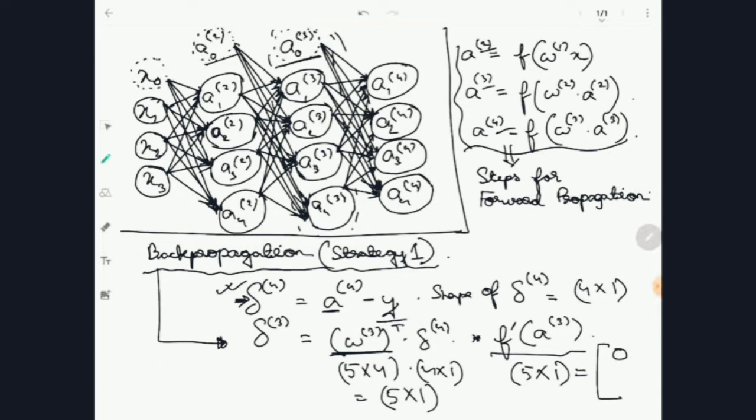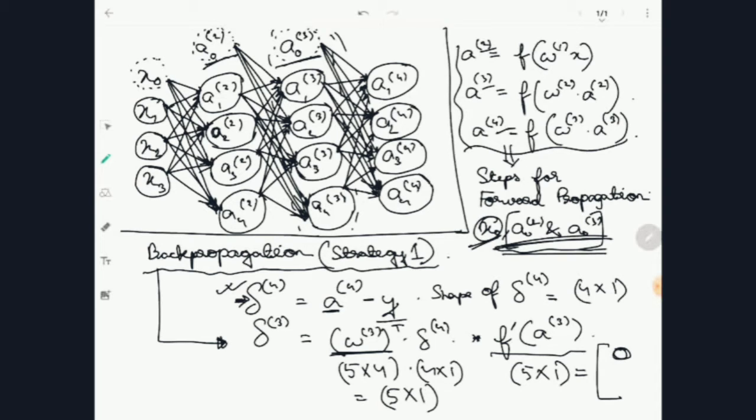Now these bias units, not only x0, but also a0 of 2 and a0 of 3, will never change. These bias terms remain constant throughout, because they are constants by default, and differentiation of a constant is always equal to 0. They are also not connected.